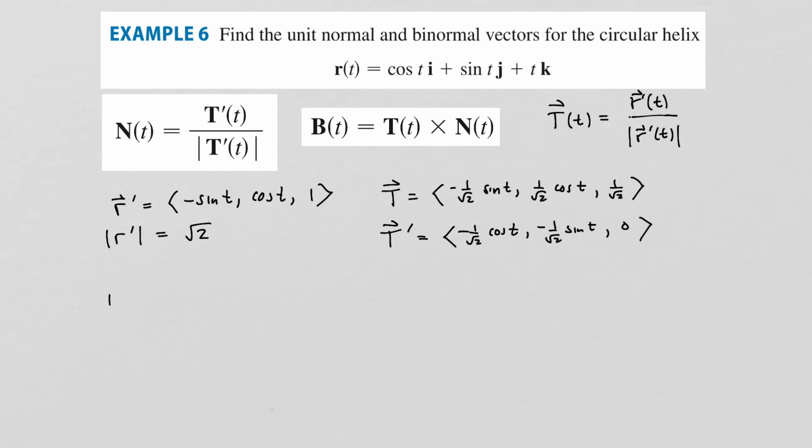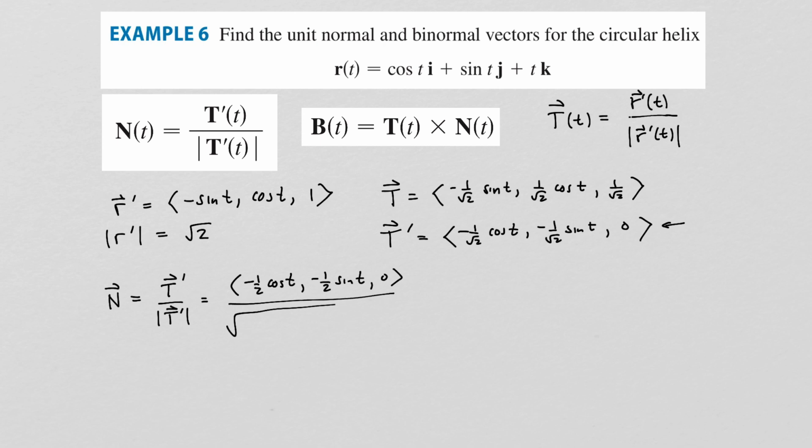And so to get the normal vector now, we just simply need the vector T prime divided by the absolute value, or the magnitude, of T prime. And so that is going to be the vector that you see here, divided by the square root of each of those things squared.